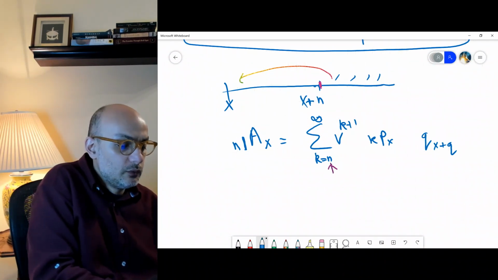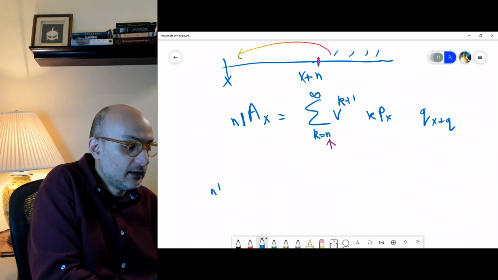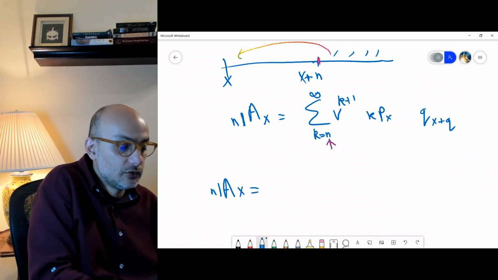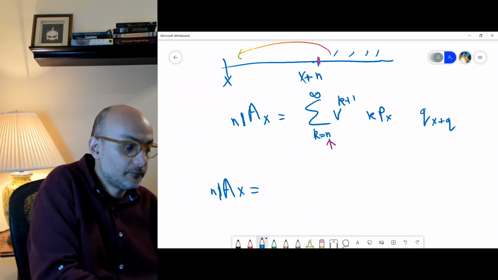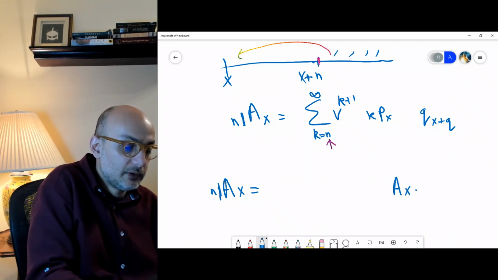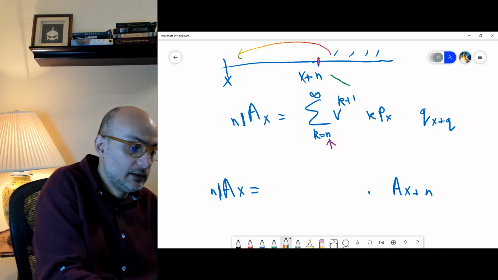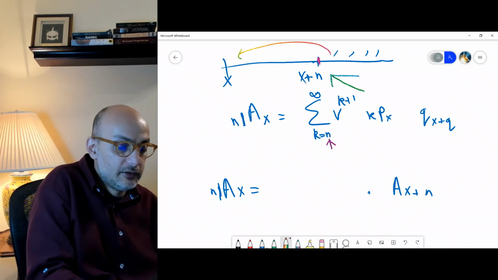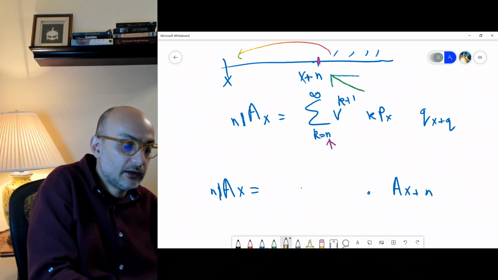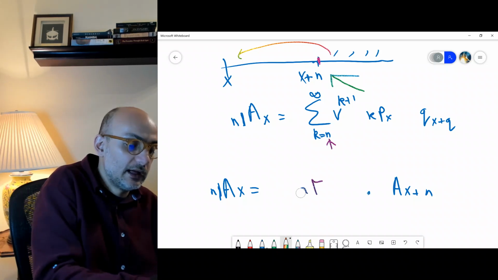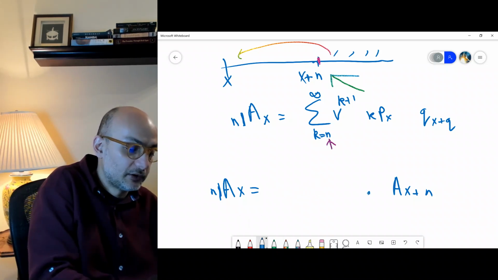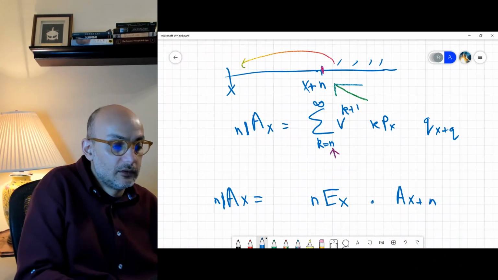And what we can also recognize is that n deferred A x, you can think about it also as A x plus n. If you are here, how do you bring it back? We bring it back with the actuarial discounting factor, n E x.